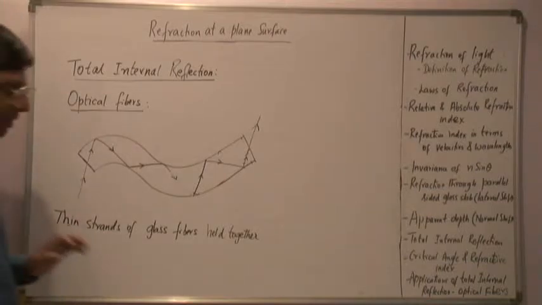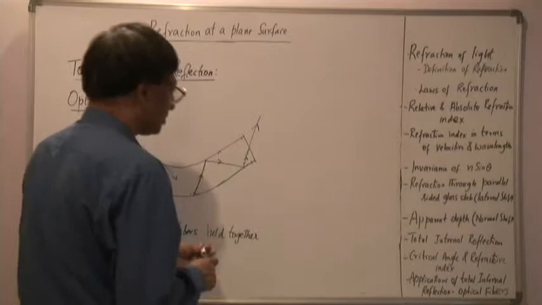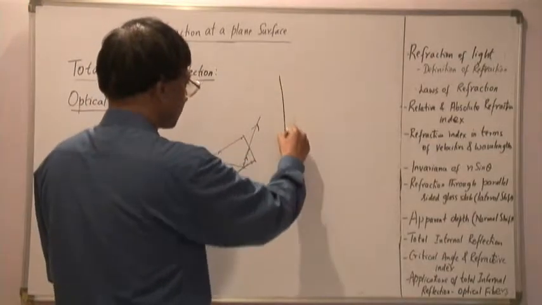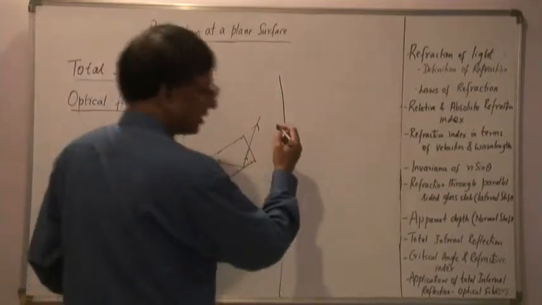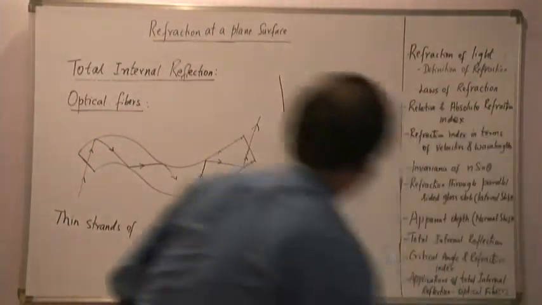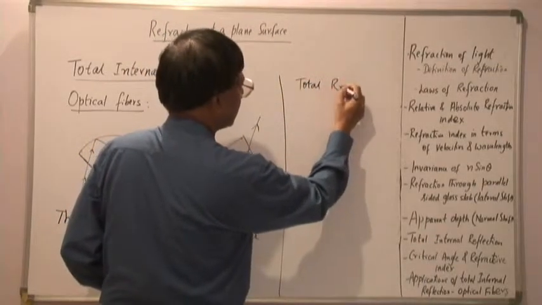Now after having looked at optical fibers, let us look at the other example that uses the concept of total internal reflection. These are what are known as total reflection prisms.